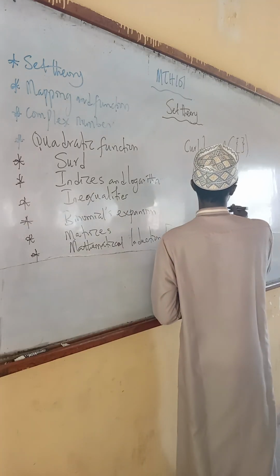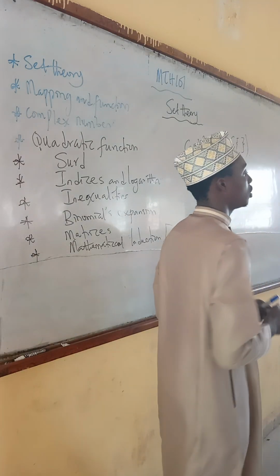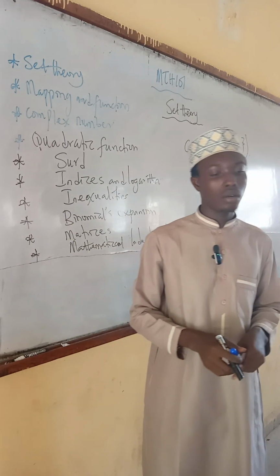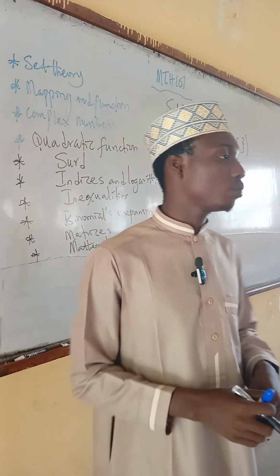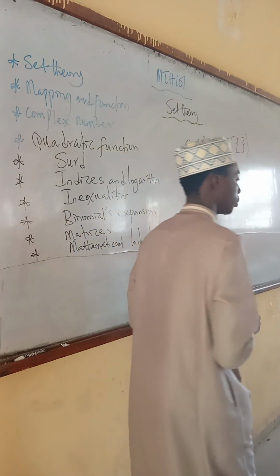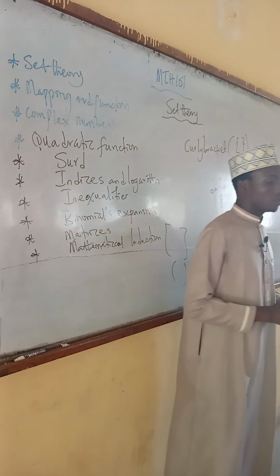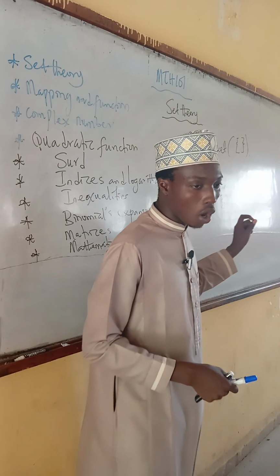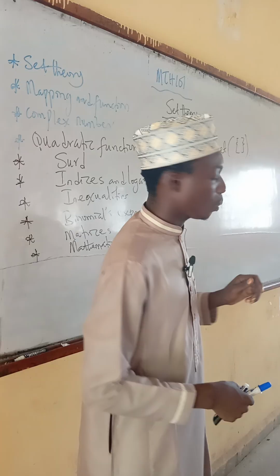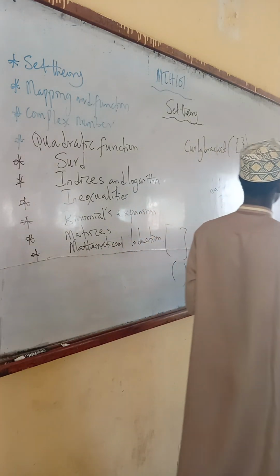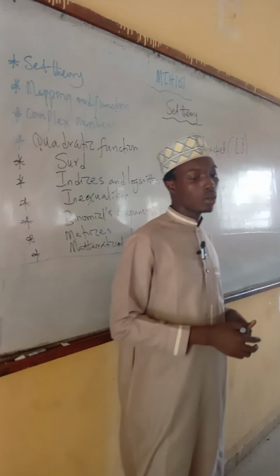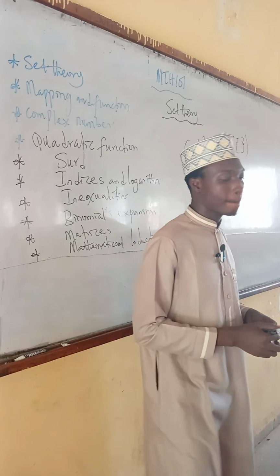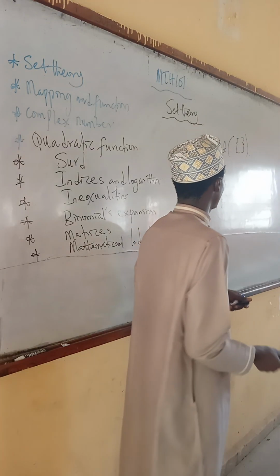So we always use E to denote elements. Each datum in a curly bracket is called an element or member. Full stop.